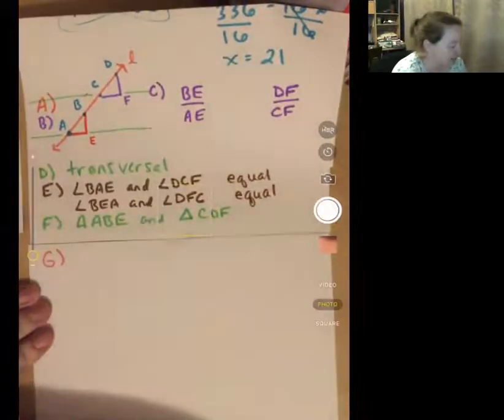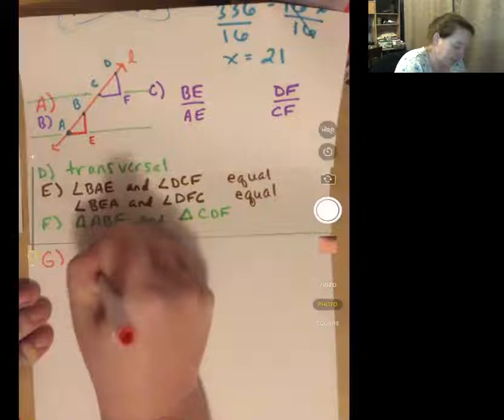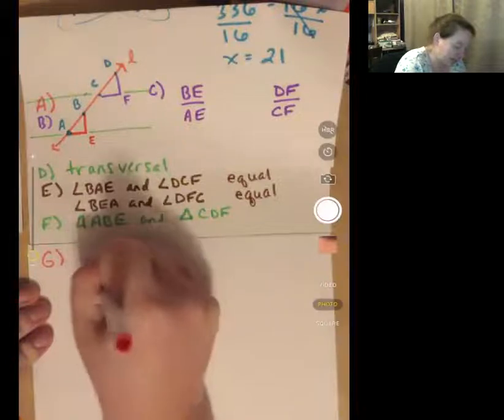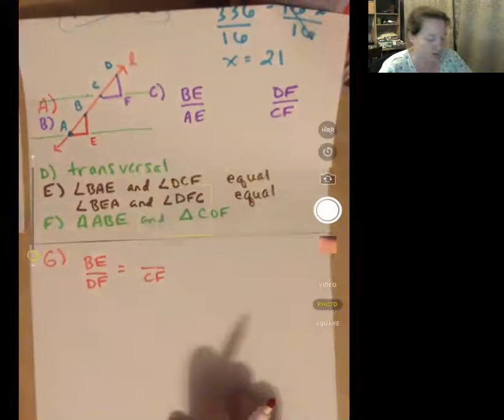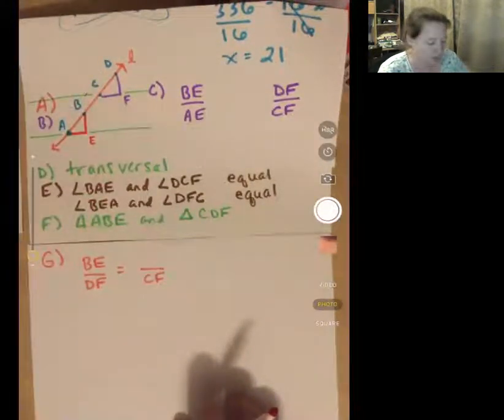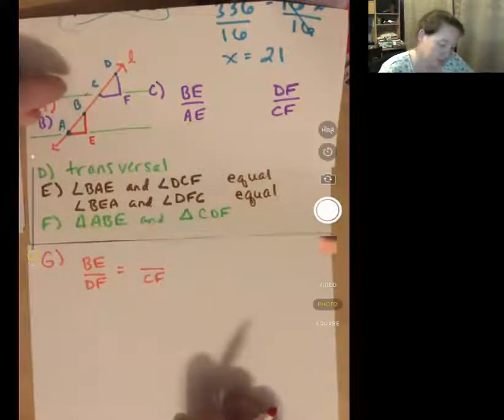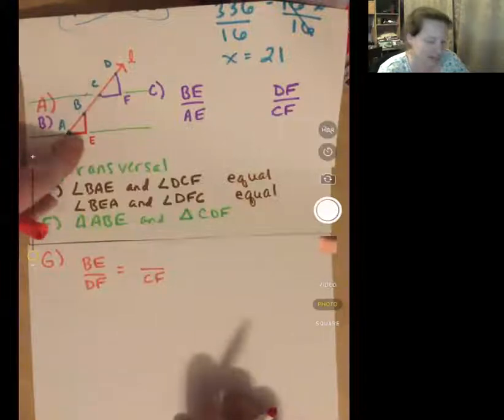It says, use the fact that the lengths of corresponding sides of similar triangles are proportional to complete the following ratios. BE over DF is equal to something over CF. Well, there's DF, there's CF. So what's the one that goes with CF? AE goes with CF.